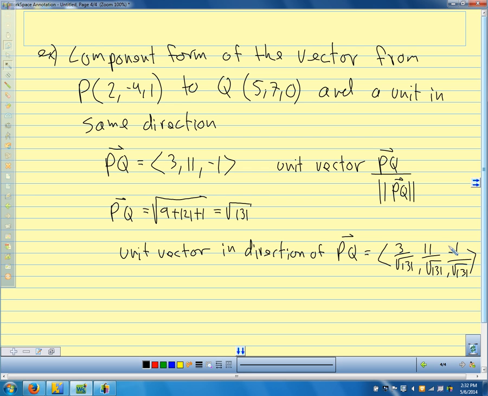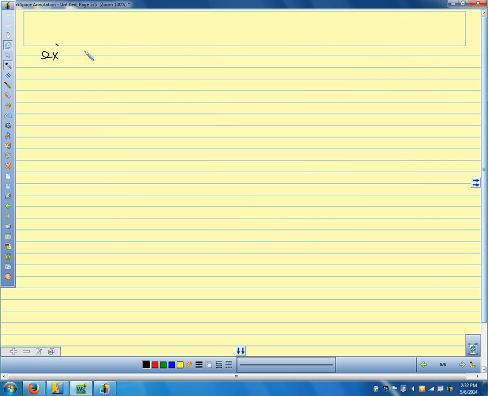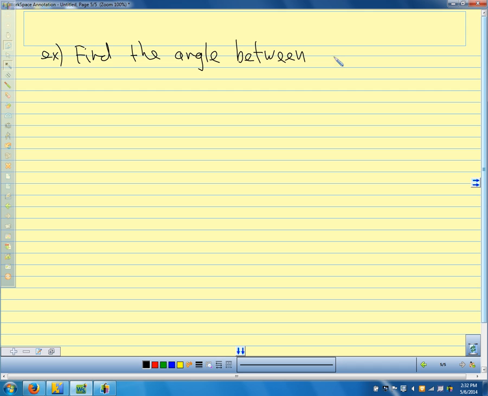Okay, let's look at an example with the dot product. Let's find the angle between these two vectors, u equals <-2, 3, 0>, and v is <1, -5, 1>.